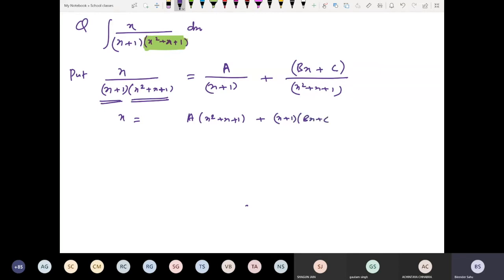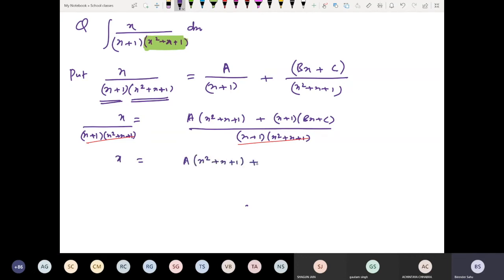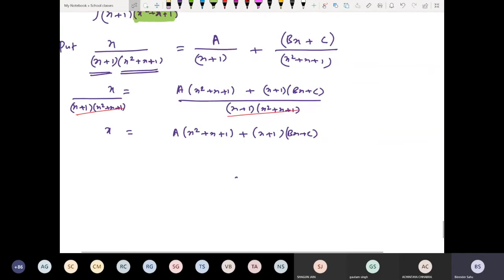Okay, so this will be cancelled. So this is x equals a times (x square plus x plus 1) plus (x plus 1) times (bx plus c).